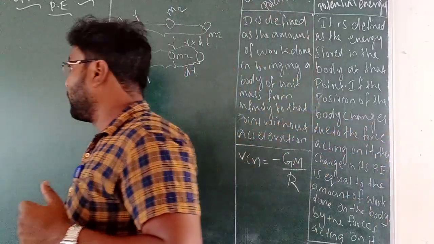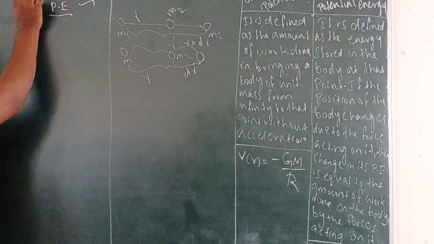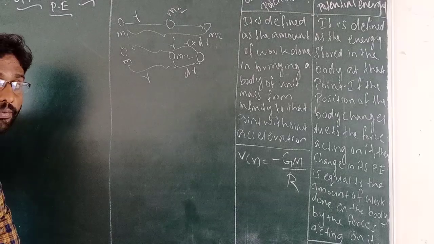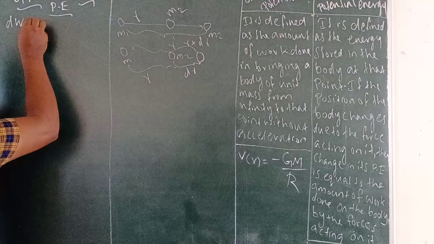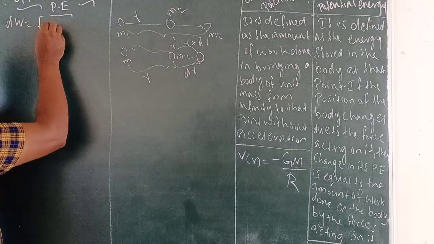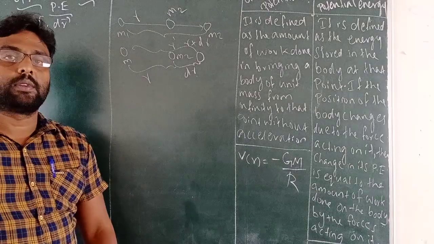We know the basic formula: work done is equal to F into d. Now dW is equal to F dot dr. This is the formula we get.